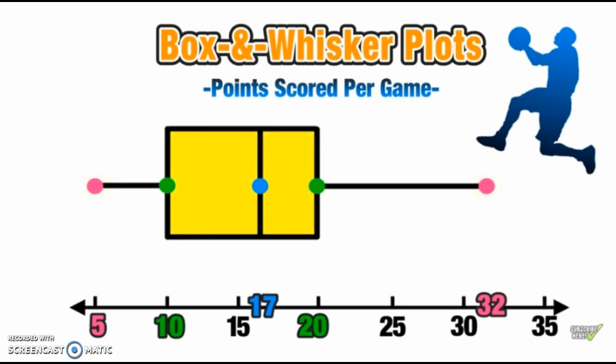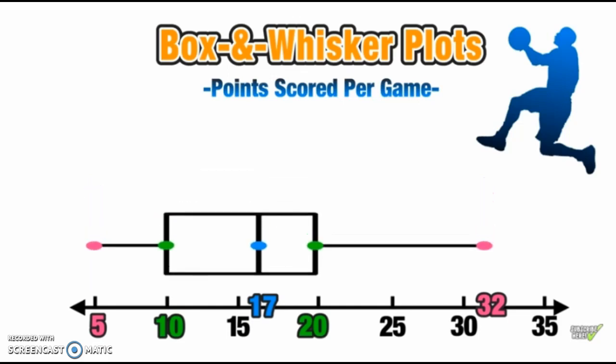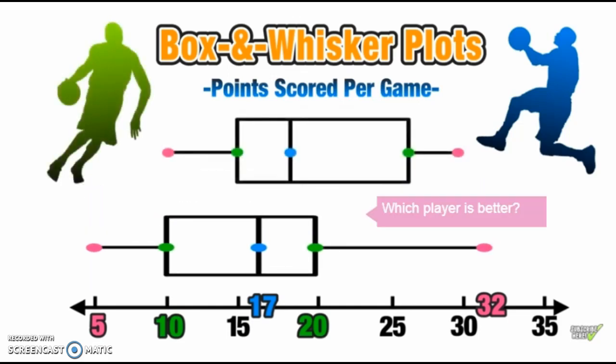Now, based on those extremes, you may think that Jordan is an inconsistent player. But if we look at the area inside the box, this is called the interquartile range, we can say that in an average game, Jordan will score between 10 and 20 points. And the coach can use this information to determine whether or not Jordan belongs in the starting lineup or on the bench. He can also use the box and whisker plot to compare Jordan's performance with the performance of other players.